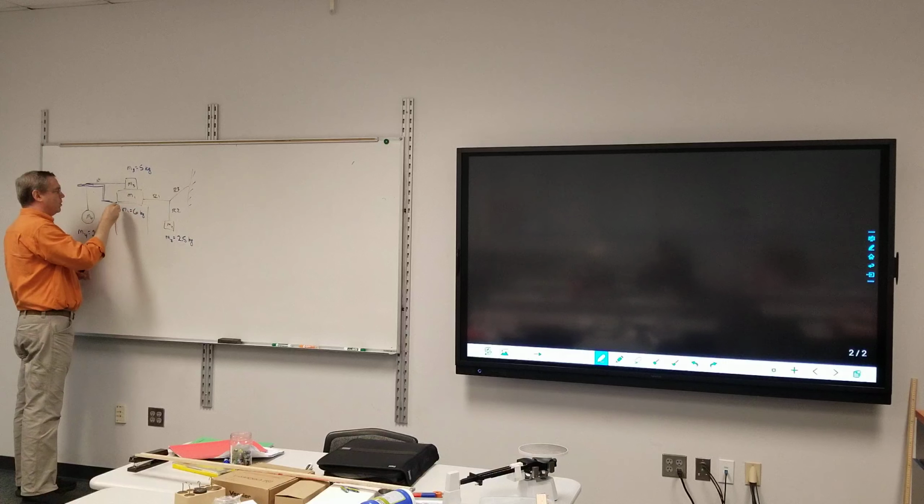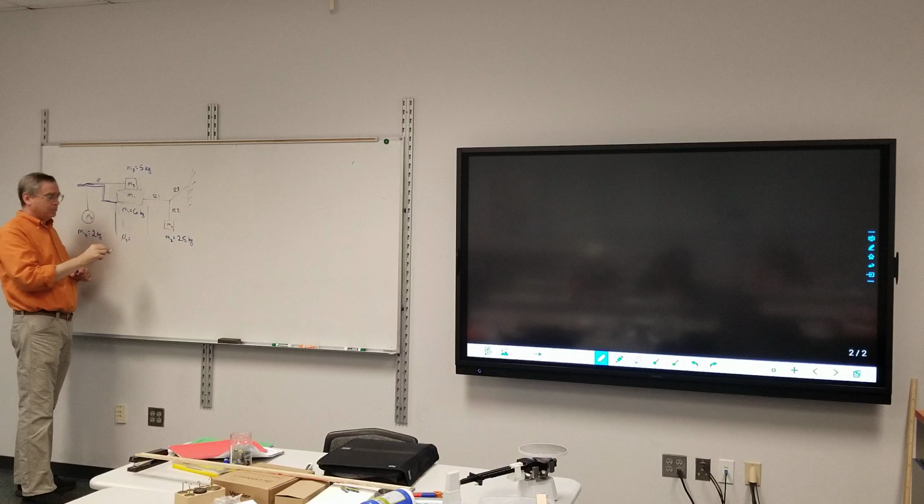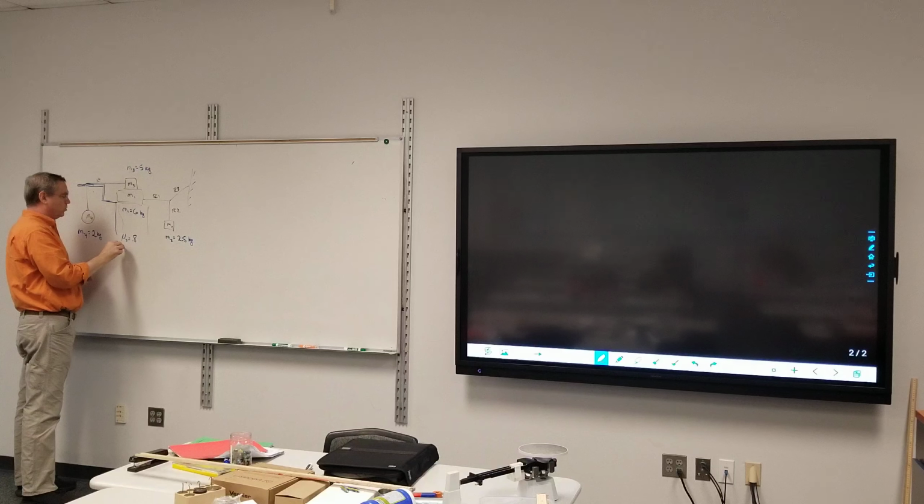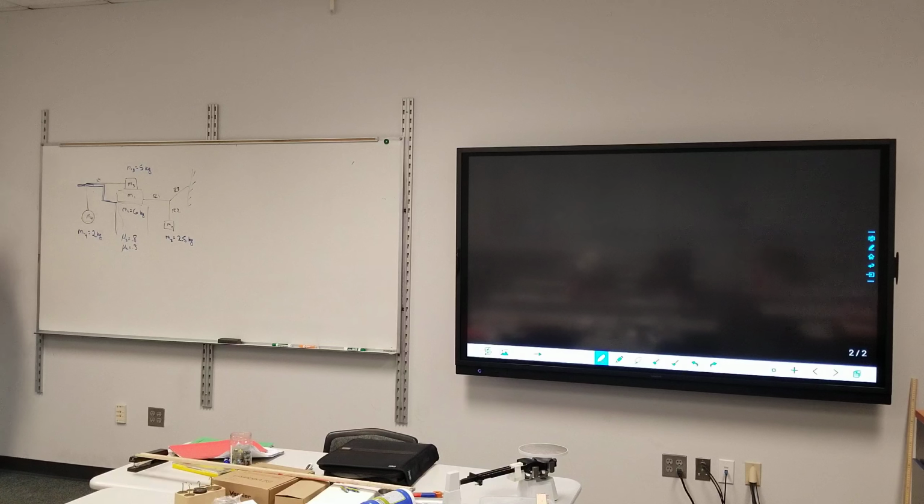And we have a coefficient of friction here, I believe. mu s equals 0.8. And did I give you mu k? Yeah, 0.3. Any other givens? No. Okay, we got the givens down, we got the problem drawn.